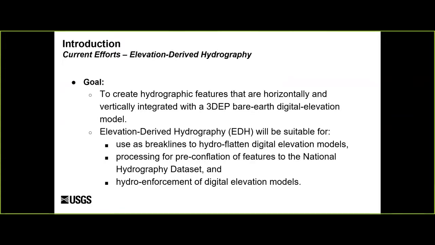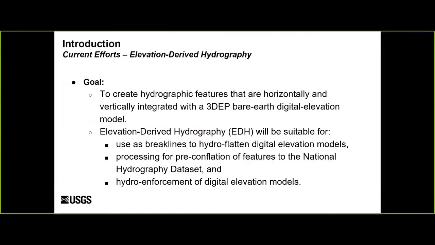The USGS is currently working toward producing better aligned hydrography and elevation products by creating a system to acquire elevation-derived hydrography, also referred to as EDH, and that's probably what I will refer to it as. It is horizontally and vertically integrated with the 3DEP bare earth digital elevation models and also aligns with National Hydrography Dataset requirements.